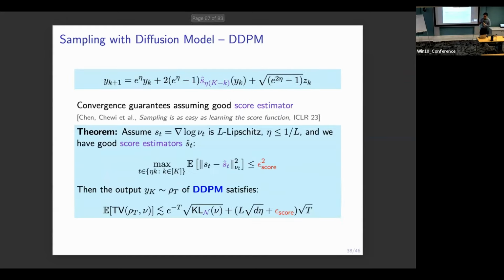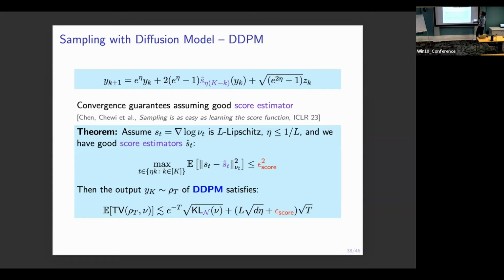And recently, there's been a lot of very nice, very beautiful work, including one by Sitan Chen and Sinho Chewi et al. That says that really sampling, in a sense, is as easy as learning the score function, because assume that, for now, the score function is Lipschitz at all time, and the step size is small. And crucially, assume that we have a good score estimator, which means that this loss function, the L2 loss weighted by this unknown distribution mu sub t, in expectation is less than some constant epsilon squared.